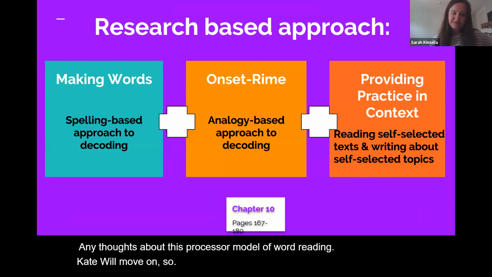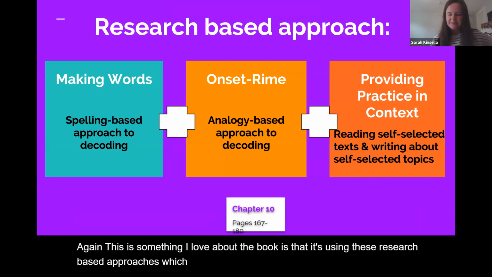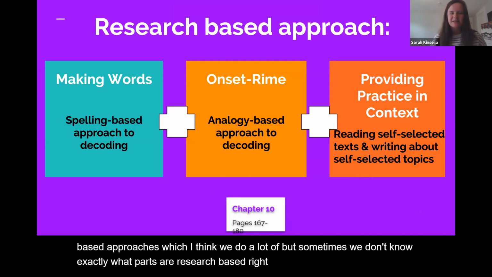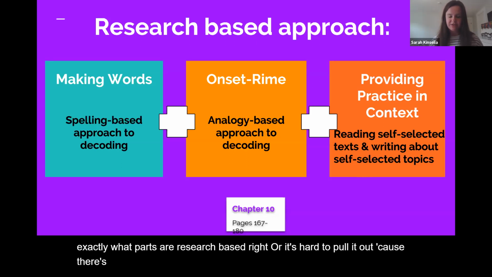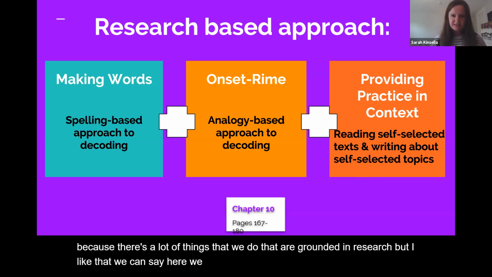So again, something I love about the book is that it's using these research-based approaches, which I think we do a lot of, but sometimes we don't know exactly what parts are research-based, right? Or it's hard to pull it out because there are a lot of things that we do that are grounded in research, but I like that we can say, oh, here we go. These components are making this a good strategy for students for word reading.